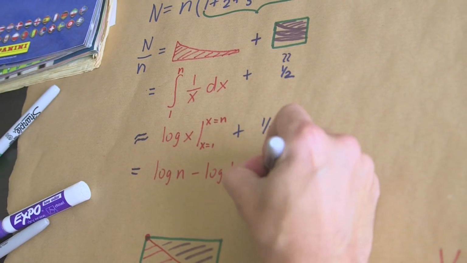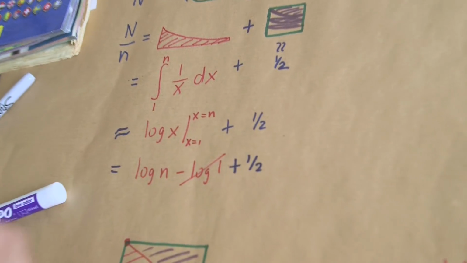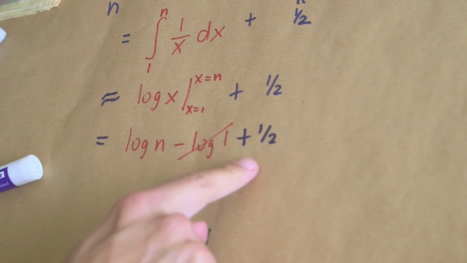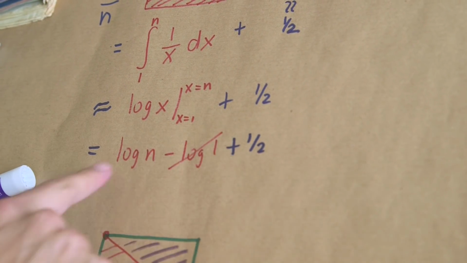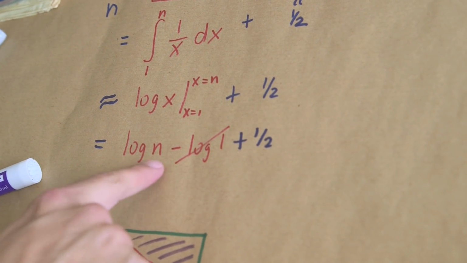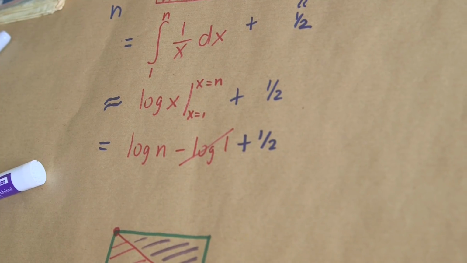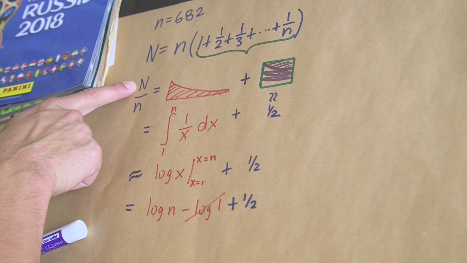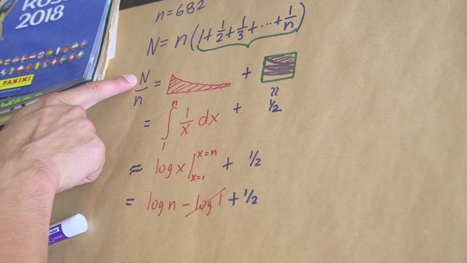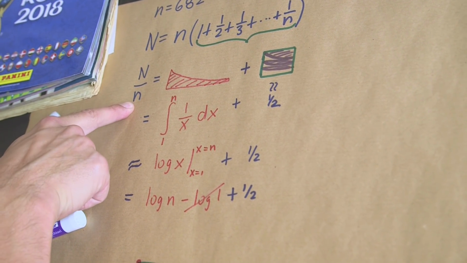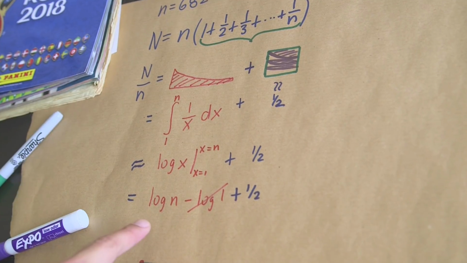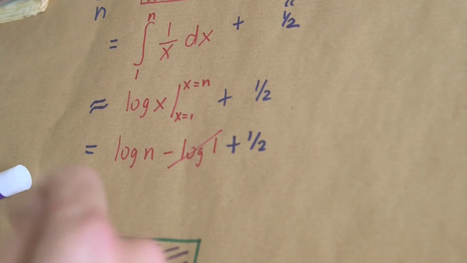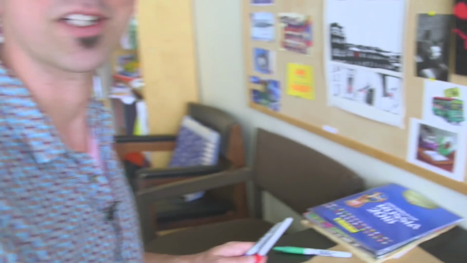Now, one of the properties of logarithm is that the logarithm of 1 is 0. And so you see, the point is that this 1/2 almost doesn't matter because as n grows, log n is much bigger. But so what we get is that the number of stickers that we need is about the number of stickers that we want. This is 682 times some penalty for the repetitiveness of stickers.